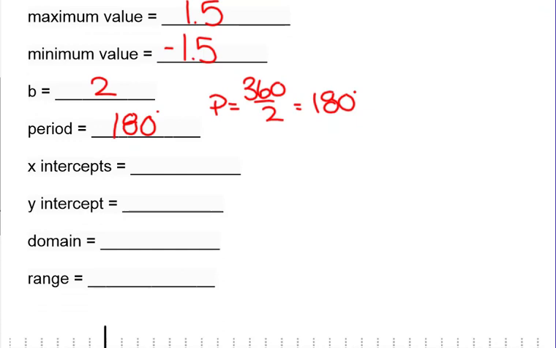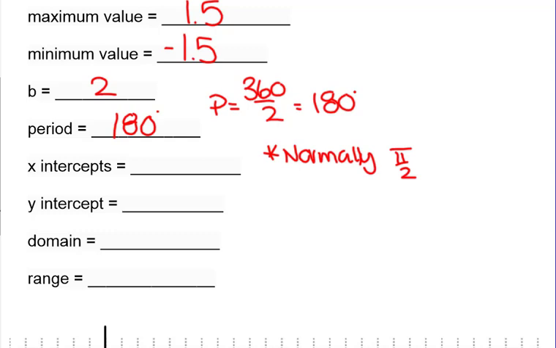The x-intercepts, those normally happen at pi over 2, but we are stretching them by 1/2.